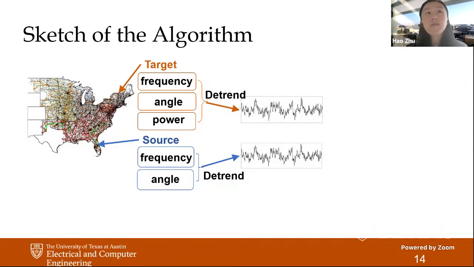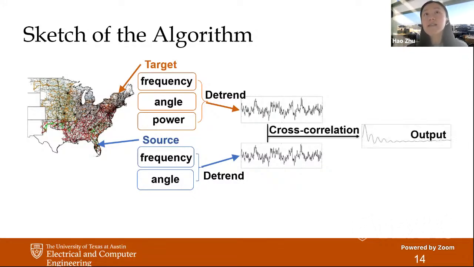It can come from any type of frequency or angle data at the source location, or these three types of data at the target location. Just to remind you, the source location can be anywhere, and the target location can be anywhere in the grid as well. And we don't need the actual topology or the actual parameters or actual model of the grid. We only need to rely on the data.